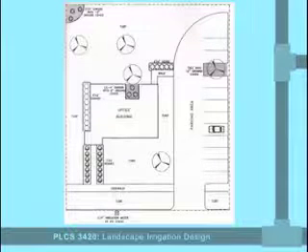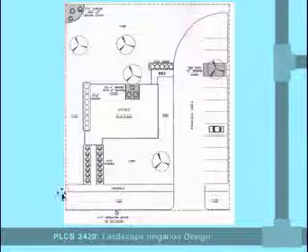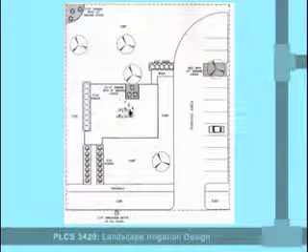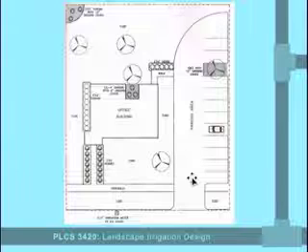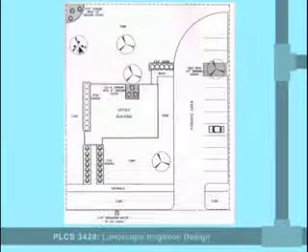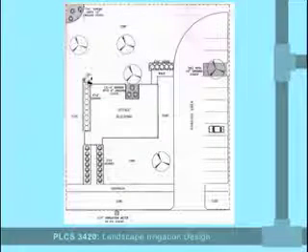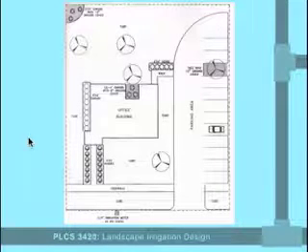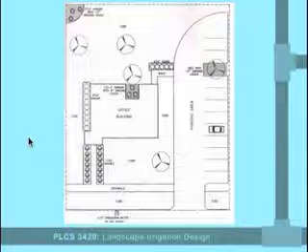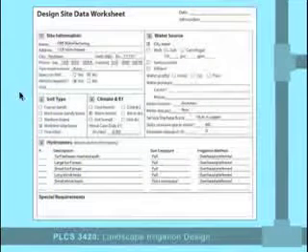This is actually a light commercial property, so there's an office building there, a parking area here, but you can see a lot of things noted: trees that are existing, certain planting beds, shrub areas, things like that. If you were filling in a site information data sheet for a property like this, you might end up with something like this amount of information.